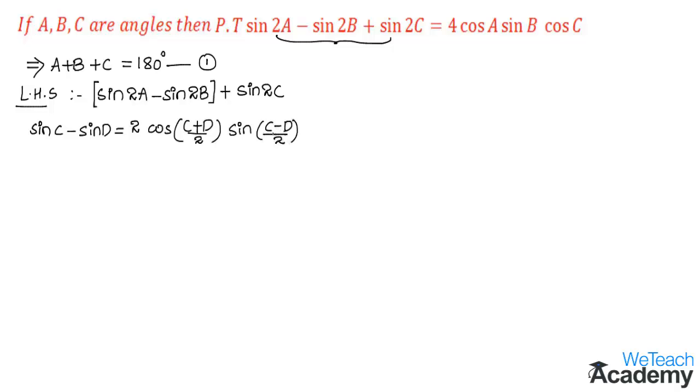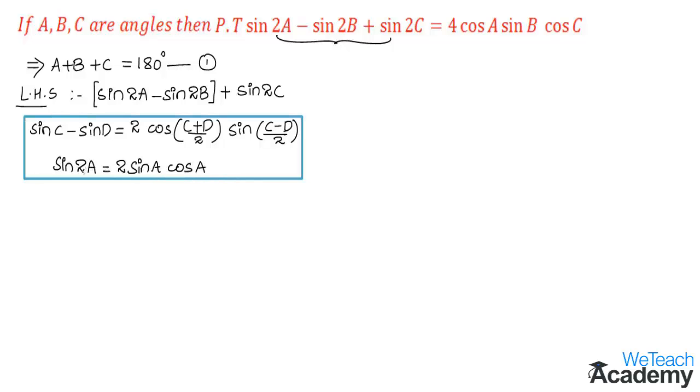And then in the next term where we have sine 2c, we can use the formula for multiple angle, which is sine 2a is equal to 2 sine a into cos a. So by using both these formulas, we get 2 cos (2a plus 2b) divided by 2 into sine (2a minus 2b) divided by 2.